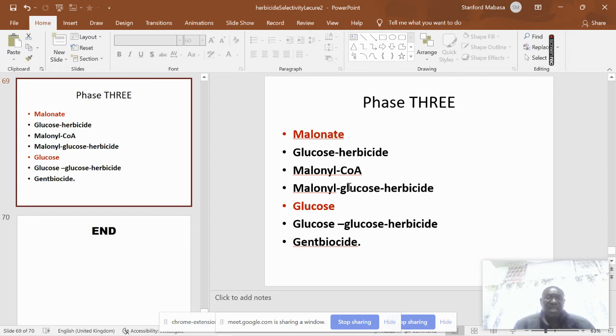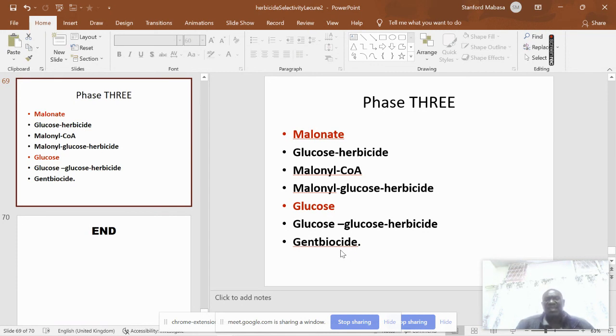We have malonyl coenzyme A, which produce malonyl glucose herbicide. Then the last, we can add glucose again in phase 3 to form glucose added to glucose herbicide structure. This is what we call a GND biocide.